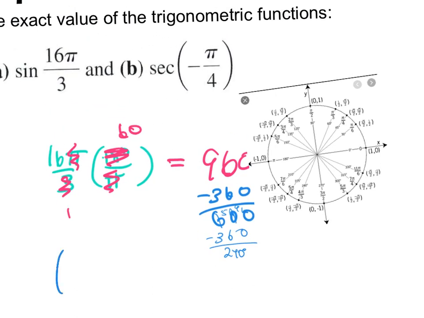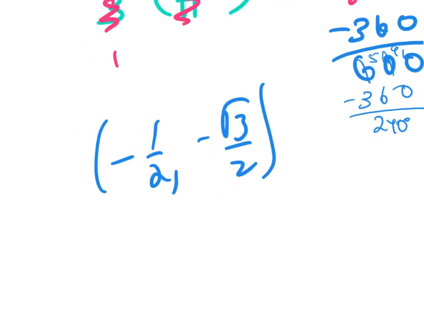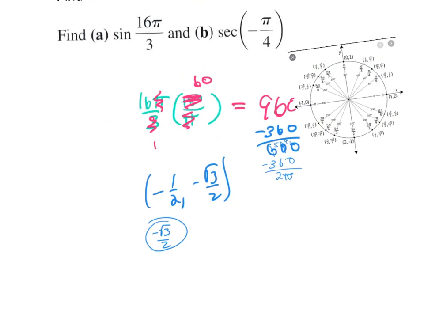Yes? Okay, so I'm asking you guys for the sine. Which value is the sine? The y. So it's negative root 3 over 2. There's not a lot of math involved here computation-wise. Lots of thinking. Some of you are better at that than others.